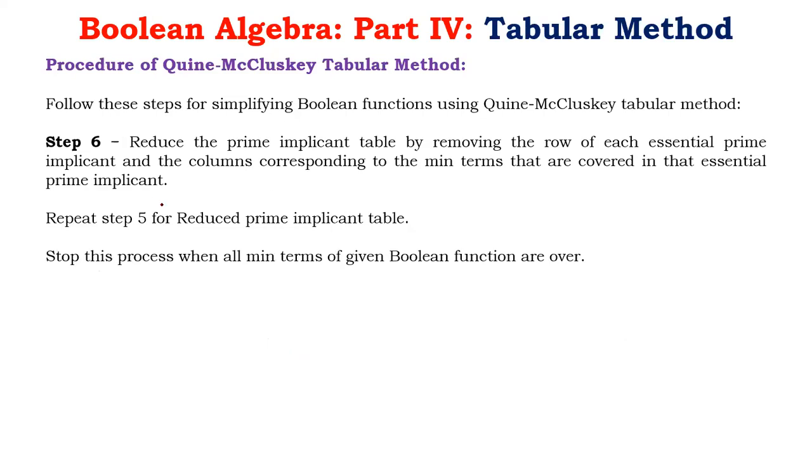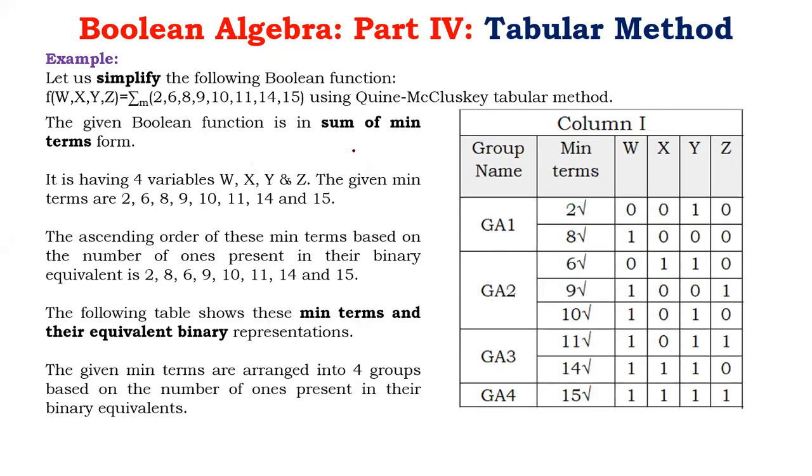Now reduce the prime implicant table by removing the row of each essential prime implicant and the columns of the min terms covered by that essential prime implicant. Step 5, repeat for the reduced prime implicant table and stop the process when the final Boolean expression comes. Now the example. This is very important. Please go through it seriously.